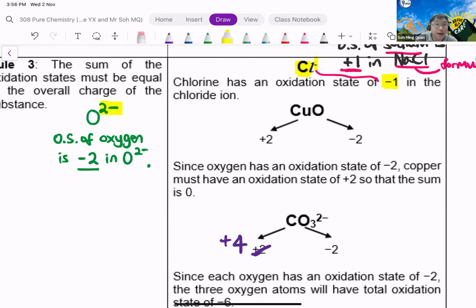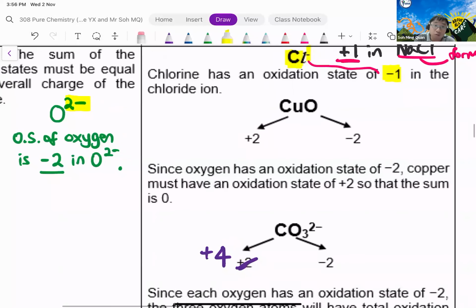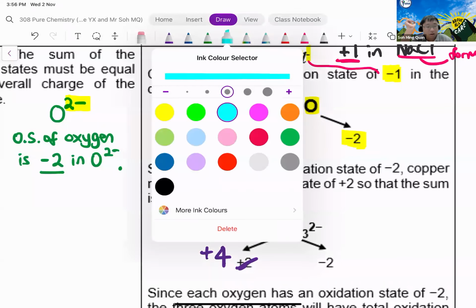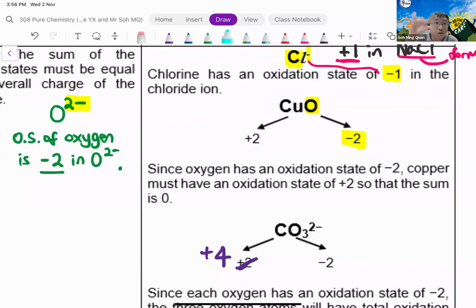Then you look at more complicated examples below. We have CuO. Now, CuO is a compound, obviously. There's copper, there's oxygen, right? So in a compound, you have learned that oxygen is always -2. So if oxygen is -2, what must copper be? You know that CuO has no charge overall.